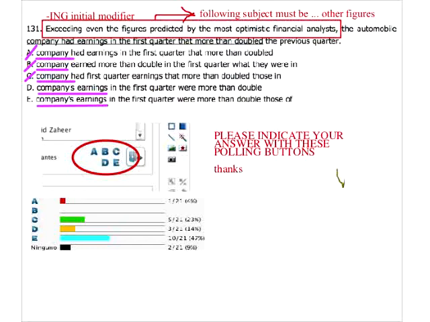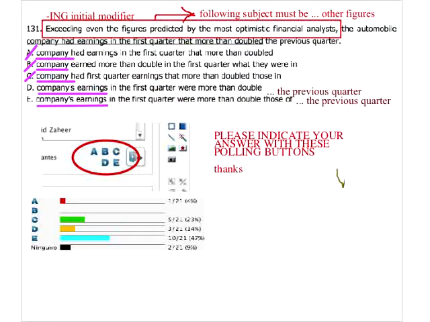If you have choice D, it says more than double the previous quarter versus more than double those of the previous quarter. What we want is to make sure that your comparison makes sense.